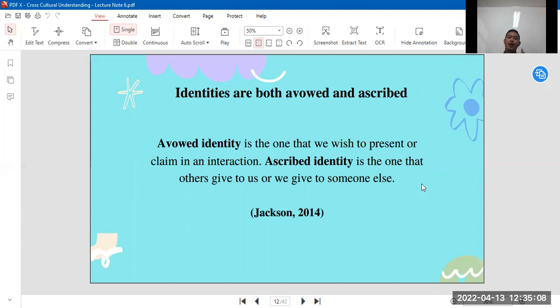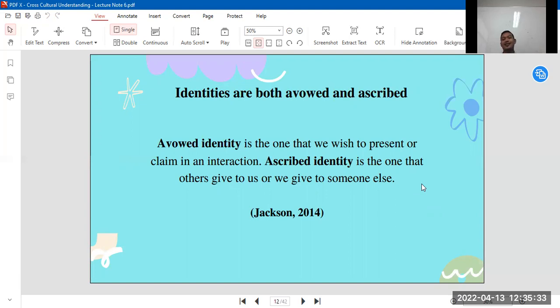Identities are both avowed and ascribed. An avowed identity is the one that we wish to present or claim in an interaction, while an ascribed identity is the one that others give to us or we give to someone else.